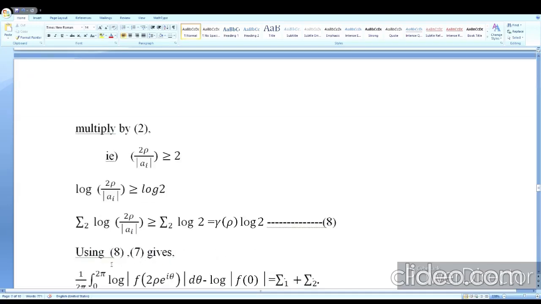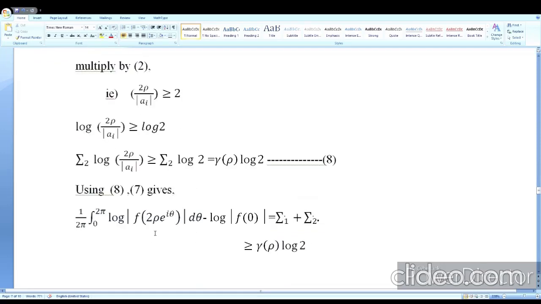Now summation over 2 is greater than or equal to summation over 2 of log 2. And the summation over 2 gives us the number of zeros, that is gamma of rho. So gamma of rho into log 2. Using this 8, 7 gives the integral minus log modulus of f of 0 is equal to summation over 1 plus summation over 2, which is greater than or equal to summation over 2, which is again greater than or equal to gamma of rho into log 2.